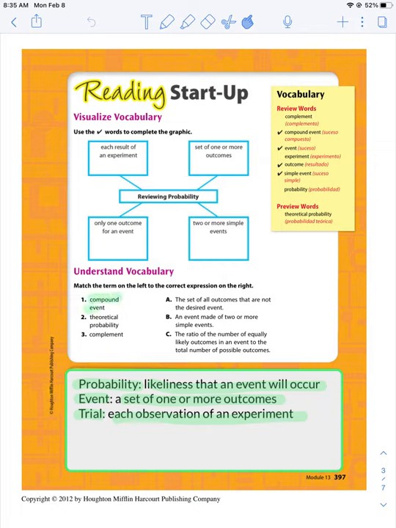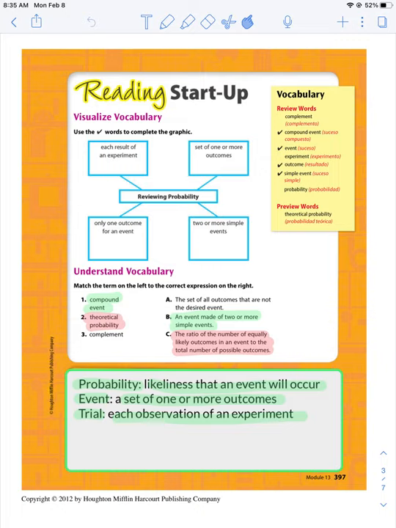A compound event is an event made of 2 or more simple events. Theoretical probability is the ratio of the number of equally likely outcomes in an event to the total number of possible outcomes. So we're going to see this ratio later.